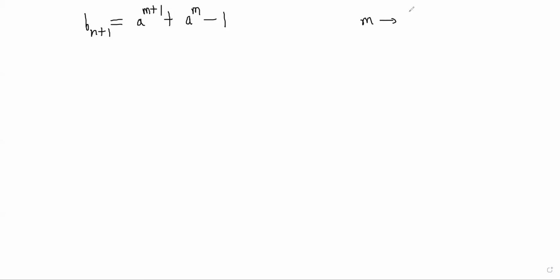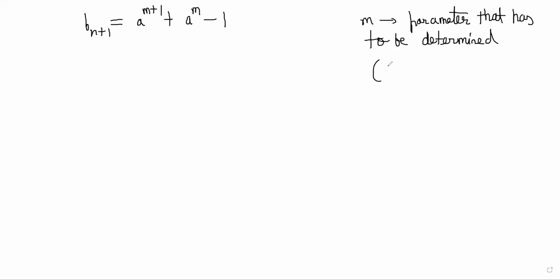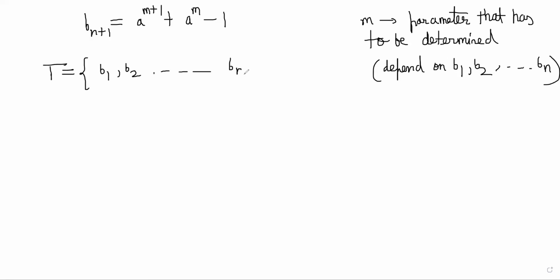Here m is a parameter that has to be determined, and it must depend on B1, B2 till Bn. We have already assumed that the set T, which is B1, B2, Bn, satisfies the properties of the problem. So basically, all the elements here are pairwise co-prime.